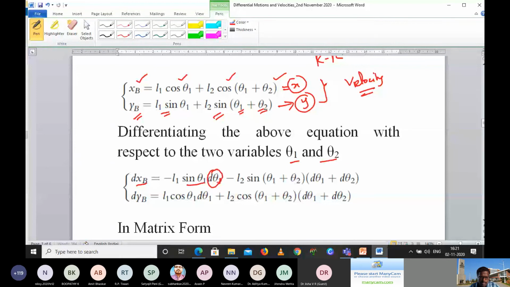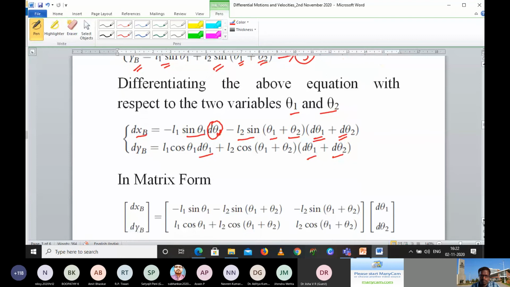And similarly, minus L2 sin of theta 1 plus theta 2, you will get d theta 1 and d theta 2. Similarly, dy you will have the variables d theta 1 and then d theta 1 plus d theta 2. That's all. So this one you can put in matrix form.